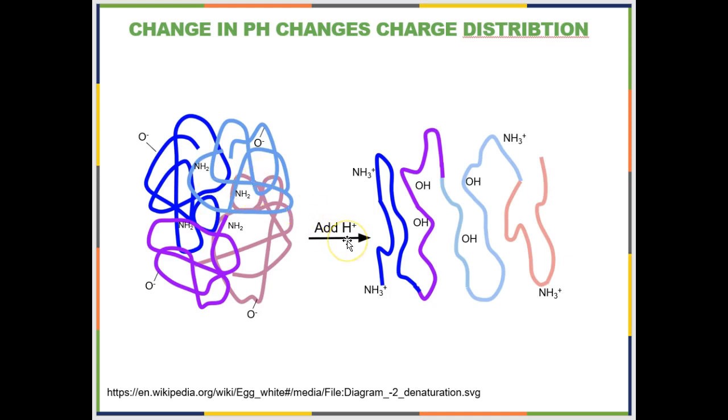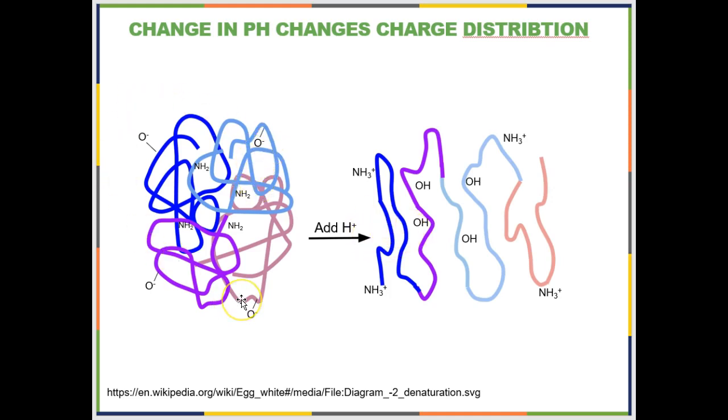If I add an acid to this solution, well then these carboxylic acid groups, if there's more acid, are going to be more likely to pick that hydrogen ion back up. They then lose their charge, and if these amino side groups on the lysine end up picking up a hydrogen ion, they are now positively charged.